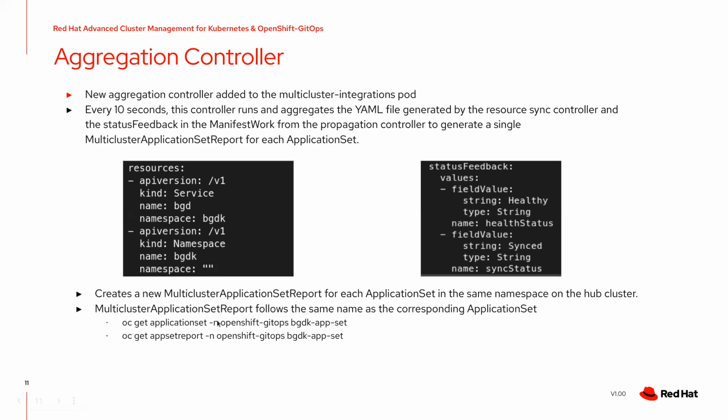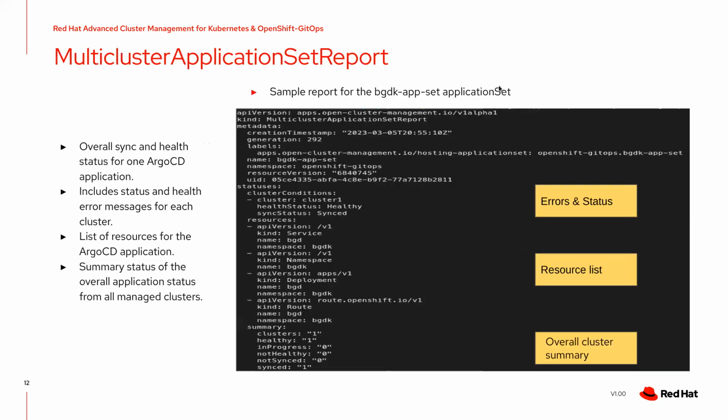Okay. And going on to the actual multi-cluster application set report itself, we have three main parts, which is aggregating from the other two controllers. We have the health and sync status and error messages of the application on each cluster, the resources, and the overall summary from all managed clusters.